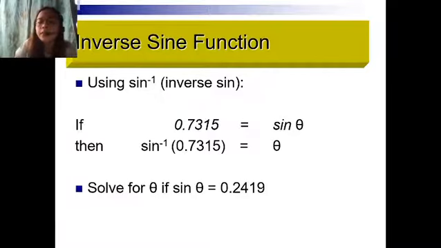So amo ni siyang sine sa aton nga theta, meaning this angle or this value should be solved, or amo na siya ang ginapangita pa naton. So then sine to the power of -1 times 0.7315 is equals to the theta nga angle nga aton nga ginapangita.